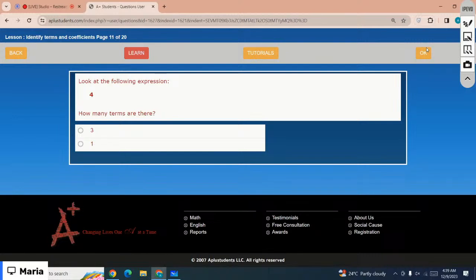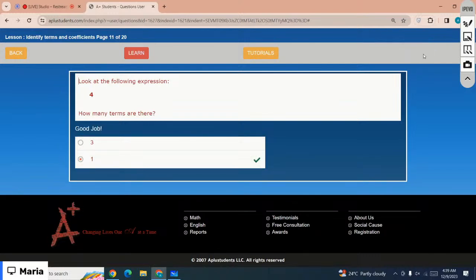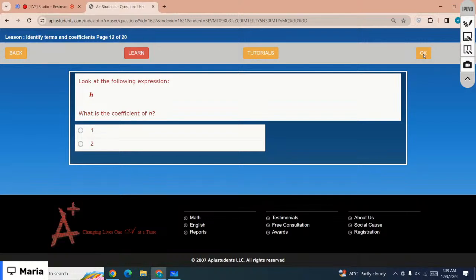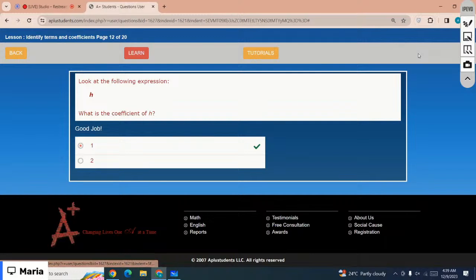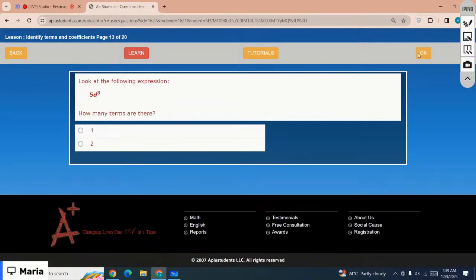Look at the following expression. How many terms are there? Only 1, right? Look at the following expression. What is the coefficient of h? That is simply 1. Look at the following expression.